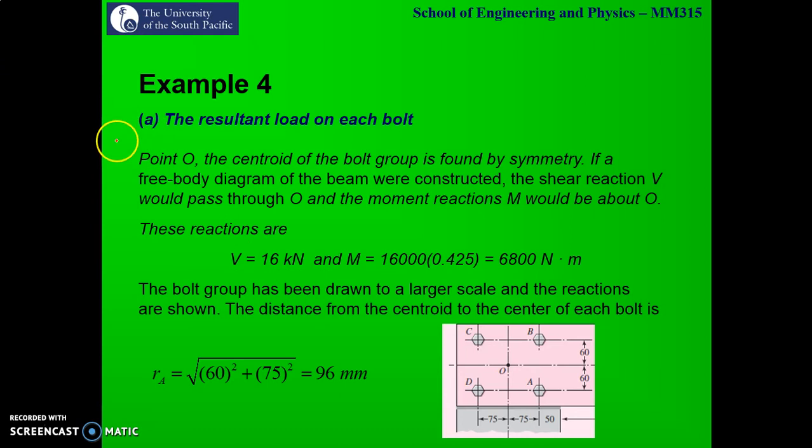Now we have to find the resultant load acting on each point. Point O is the centroid of the bolt pattern, and it is found by symmetry because it's a regular, rectangular pattern, and the centroid of any rectangle is the center of that rectangle itself. We know the distance of that centroid from the point of application of the force is 425 mm.